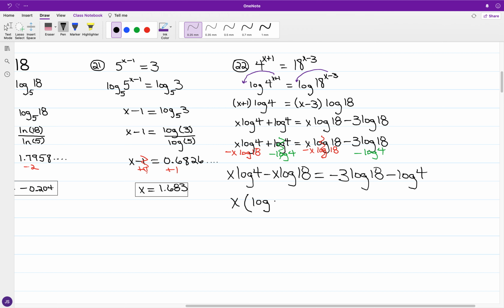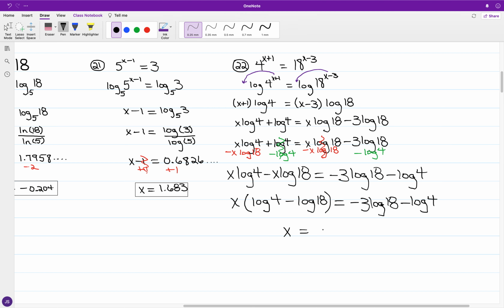So displaying in factored form, I have x times the quantity of the base 10 logarithm of 4 minus the base 10 logarithm of 18, and we have this equal to negative 3 times the base 10 logarithm of 18 minus the base 10 logarithm of 4, and looking at isolating x.